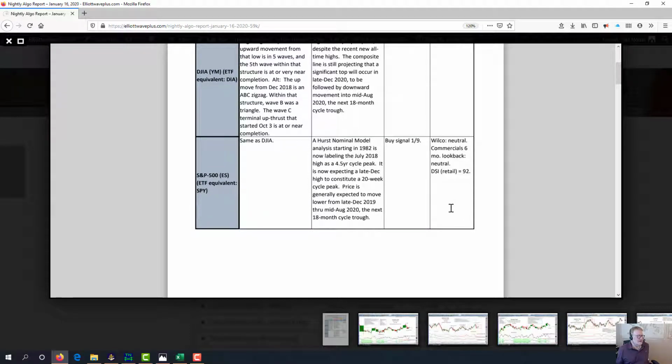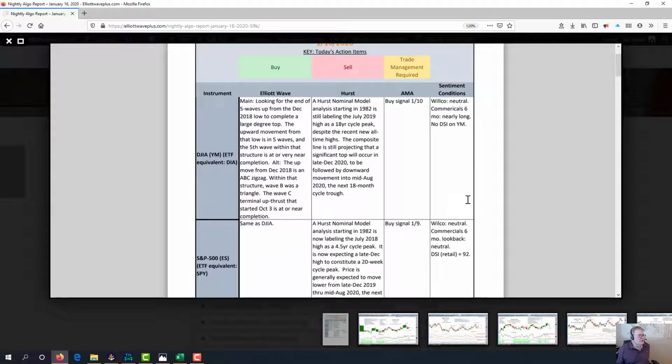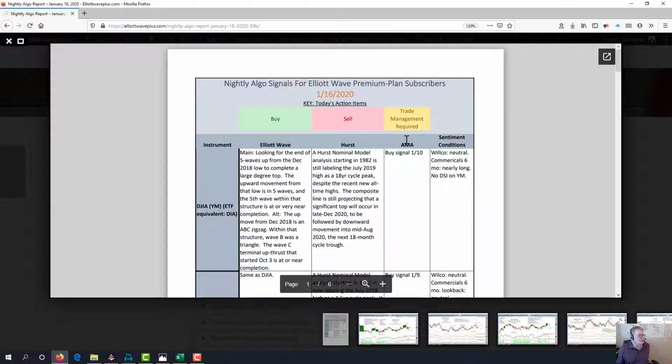That triangle lasted about 5 months, from early May through early October 2019, and all the movement since early October has been a thrust up out of a triangle. It's been very relentless to the upside, and here we are at a 92 DSI. That is a very, very unusually high reading, and is a warning that the market is very frothy right now.